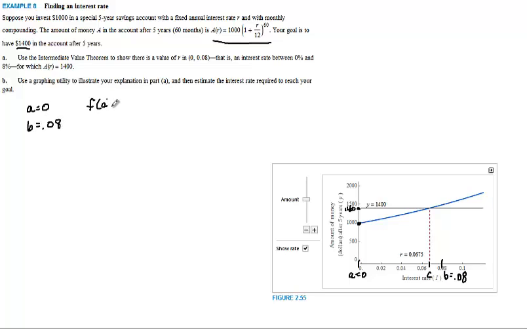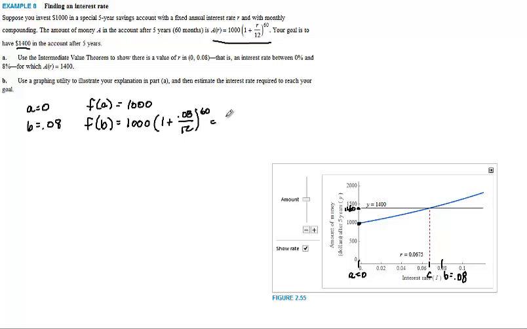F of A, just chunk that in, would be plug in a 0 for my R. You would get 1,000. F of B, plug in a 0.08. This one isn't quite as easy. Plus 0.08 over 12, all raised to the 60th power.